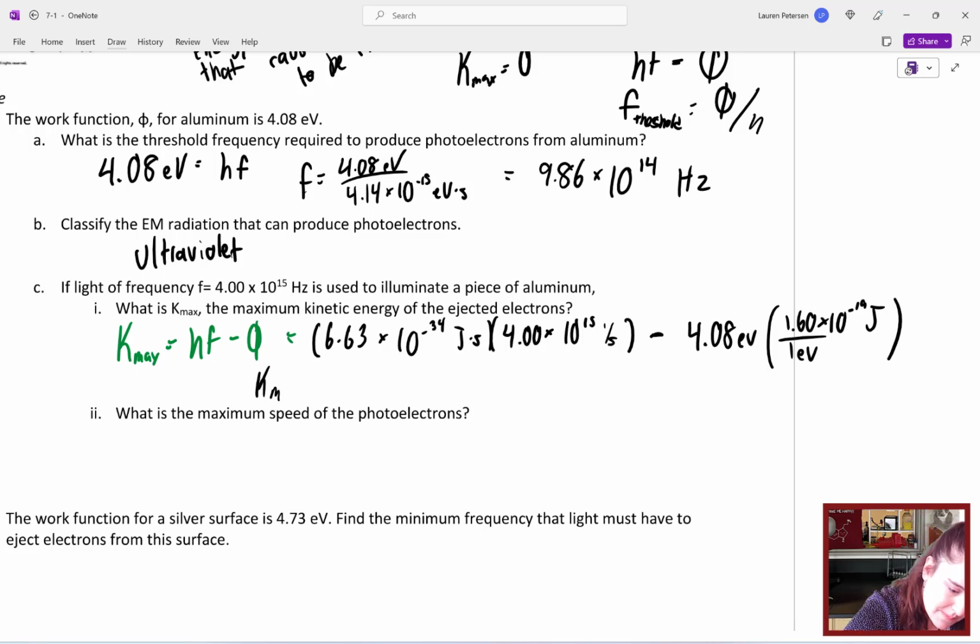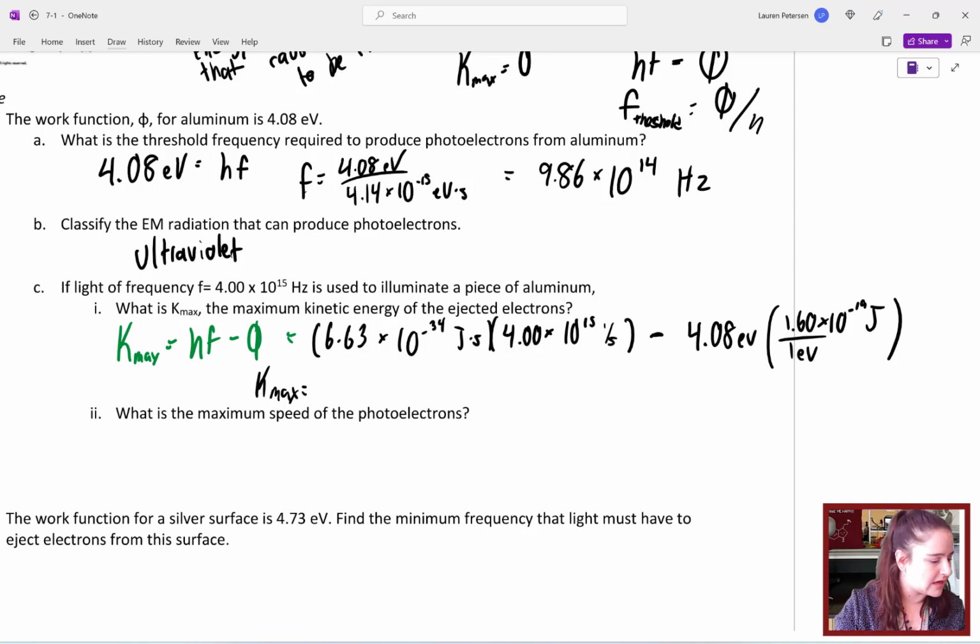So 4.08 electron volts times 1.60 times 10 to the negative 19 joules per electron volt. So when I plug that all into my calculator, 6.63 times 10 to the negative 34 times 4 times 10 to the 15th gives us 2.65 times 10 to the negative 18, minus 4.08 times 1.6 times 10 to the negative 19.